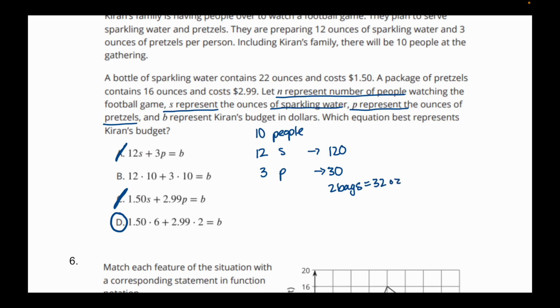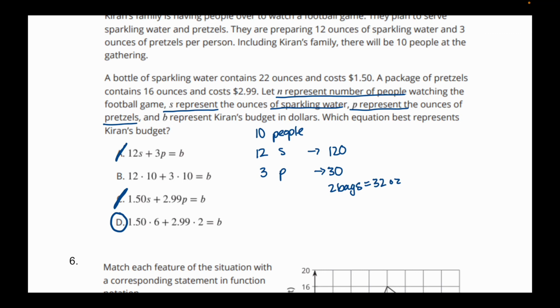And then for our bottles of sparkling water, we would want to have 22 ounces per bottle. So you could do 120 and divide that by 22. Looks like we're going to need a little bit more than 5. We're going to need 6. And yeah, that would give us 132.